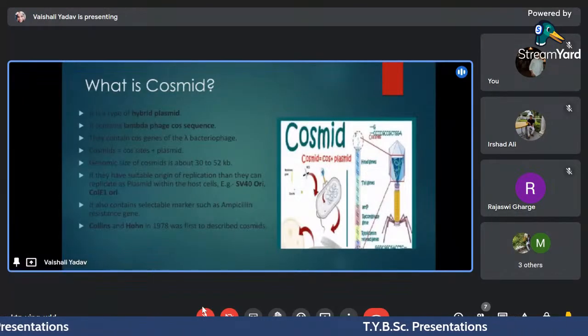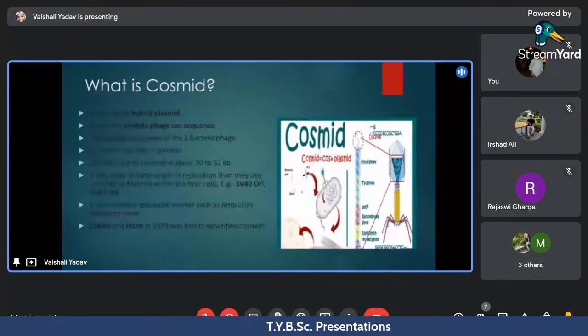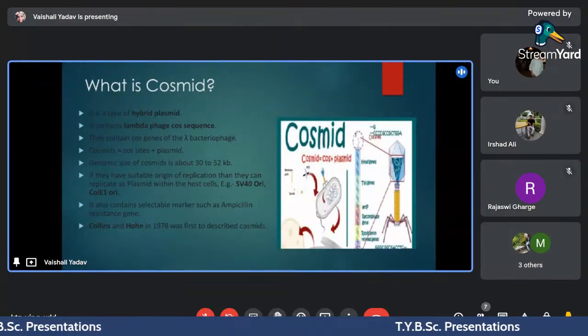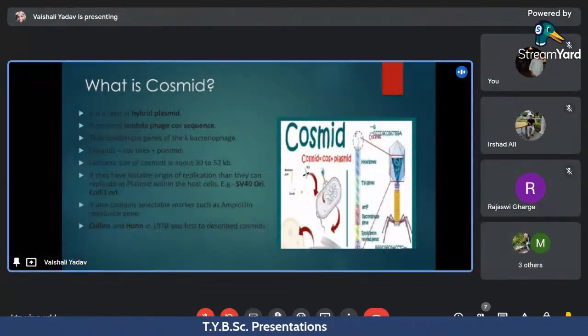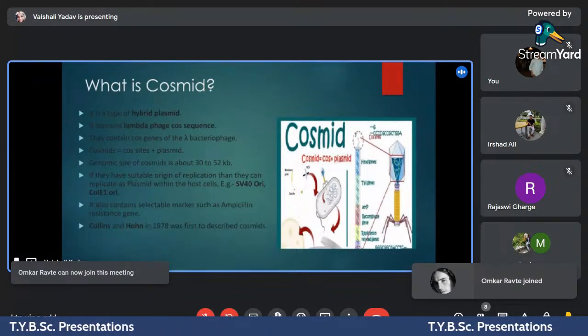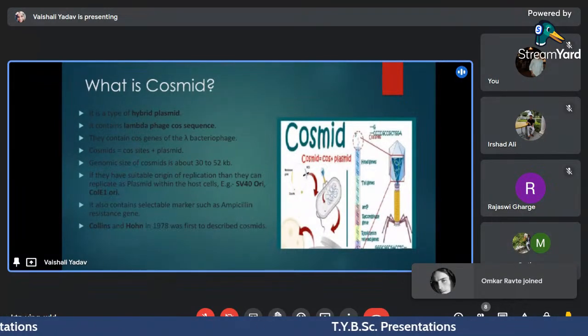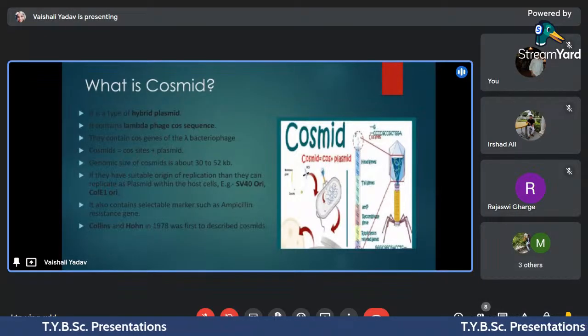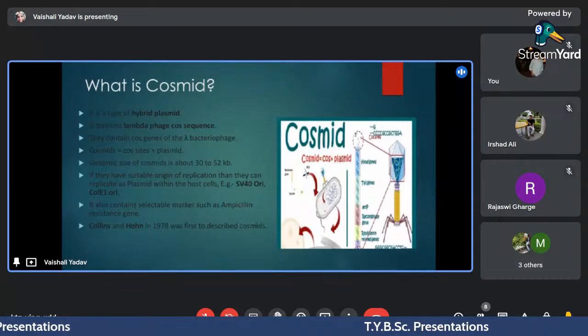So, what is a cosmid? It is a type of hybrid plasmid. It contains the lambda phage cos sequence, or a cosmid is made up of a cos site plus a plasmid. They contain the cos genes of the lambda bacteriophage. The genomic size of a cosmid is about 30 to 52 kb, or normally 45.